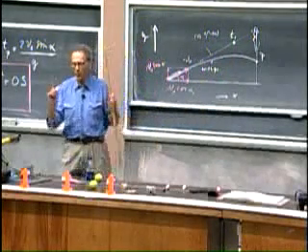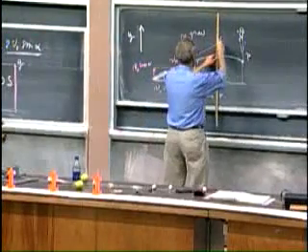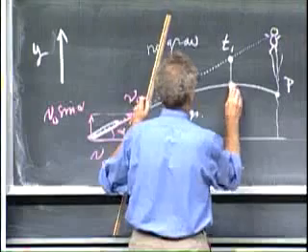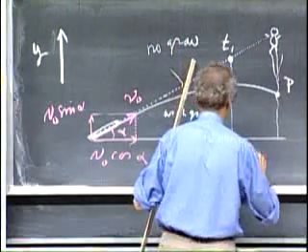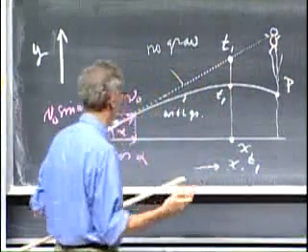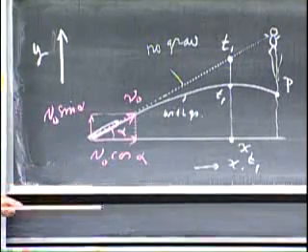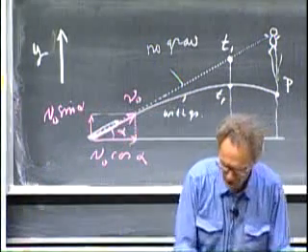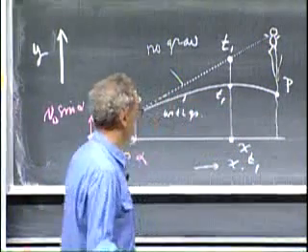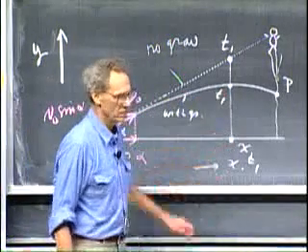Then I know exactly where it is with gravity. It must be exactly here, because the x position, x(t1), is the same, because the horizontal velocity is the same. That's independent of whether there is gravity or not. There is no acceleration in the x direction. And so, they are both exactly at the same x position.